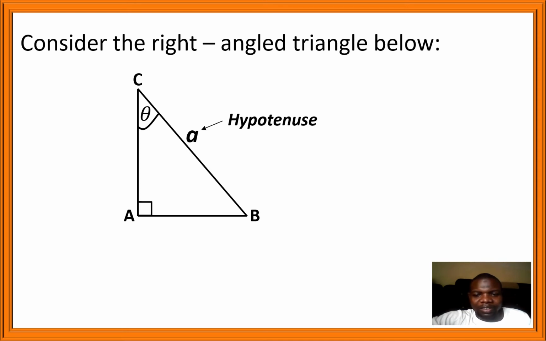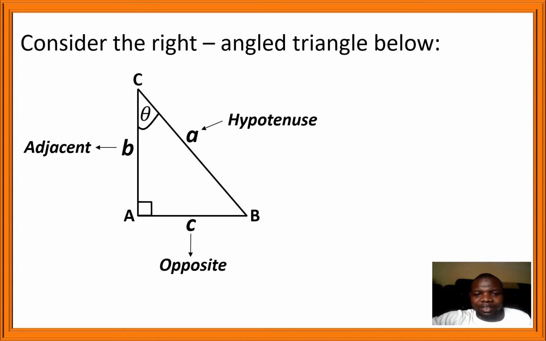Opposite, since it is the side facing the angle at C, or the angle theta. Then the angle theta now lies on side AC, which will now become our adjacent.